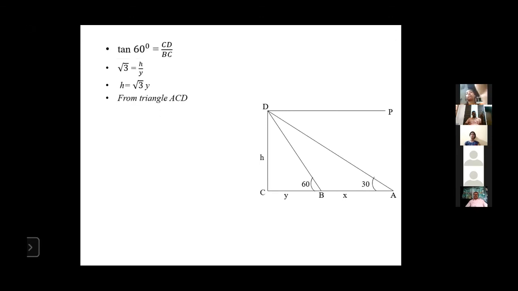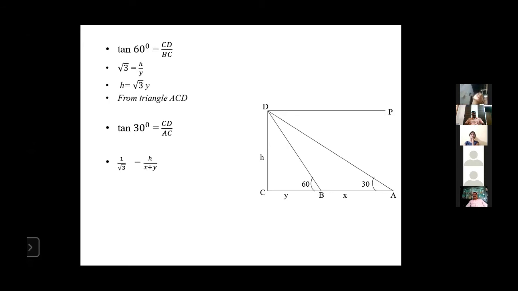Now we take the other triangle, that is ACD. It is a large triangle. For this angle, again CD is the opposite and AC is the adjacent. So here we take tan 30 is equal to CD by AC.